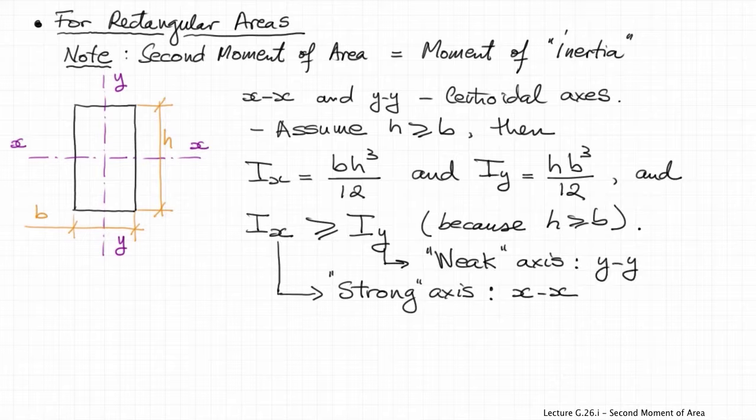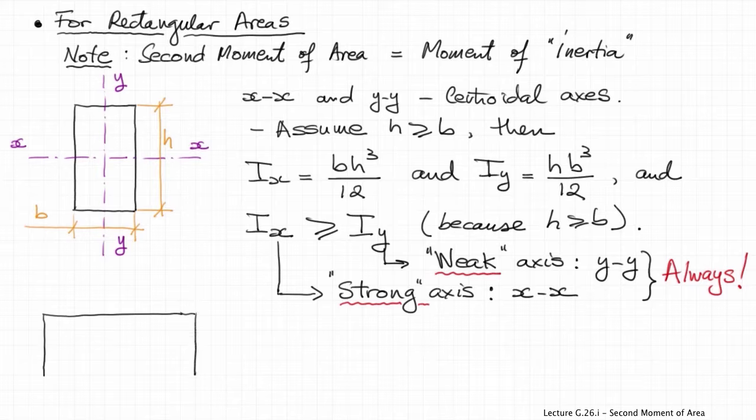Therefore, we call the x-axis the strong axis of a section because it leads to a larger value for Ix, and the y-axis the weak axis of the section because it leads to a smaller value for Iy. And this is always the case by convention. Always Ix is larger or equal to Iy.